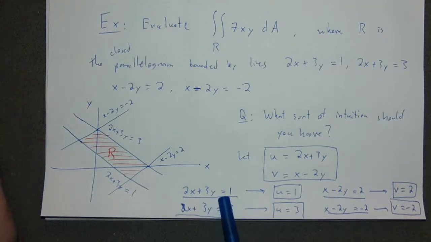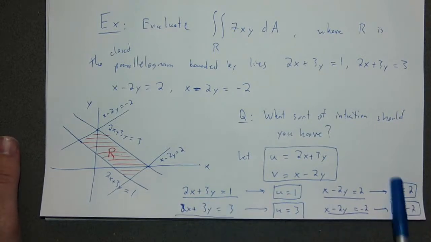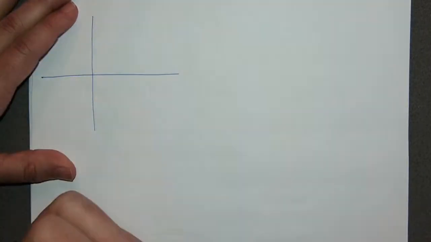So now these lines that are not horizontal or vertical go to vertical lines and horizontal lines here, right? And so what is the region in the UV plane that's associated to this?